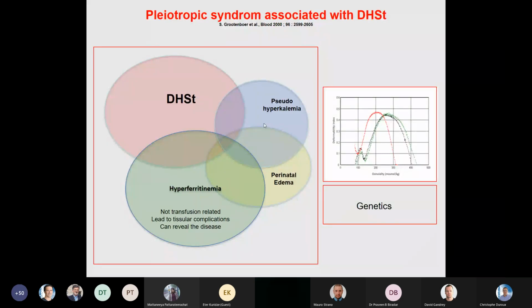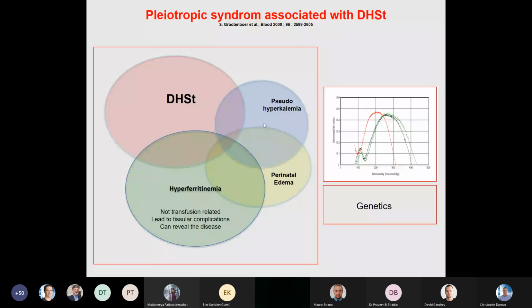If you leave the sample 2, 3, 4 hours at room temperature, the exit of potassium from the red cell can really increase the kalemia. If you control this potassium level just after you take the blood sample, it will be normal. So these are artifactual hyperkalemias that should of course not be treated but controlled.